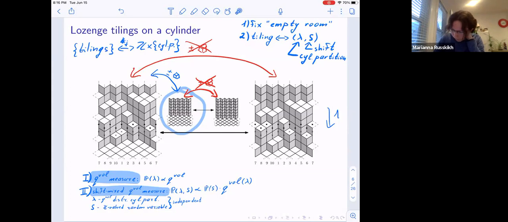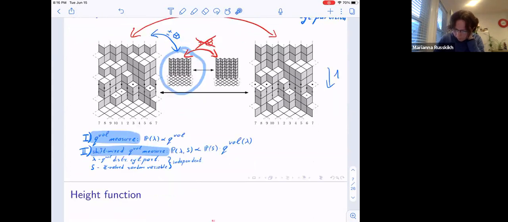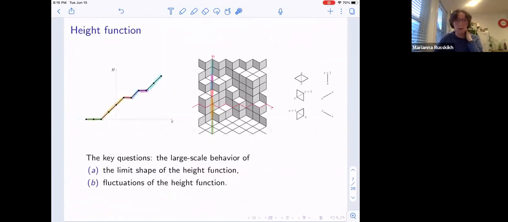Okay. Now one of the most important objects in Lozenge tilings is the height function, and this is what we're interested in. Given a Lozenge tiling, one can define a height function on the vertices of the tiling, which is defined as follows.